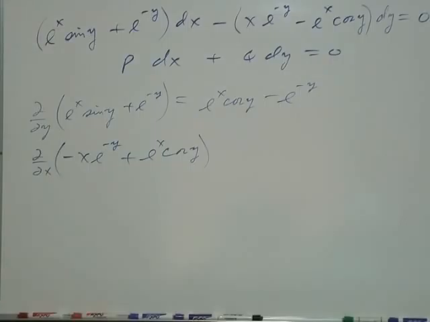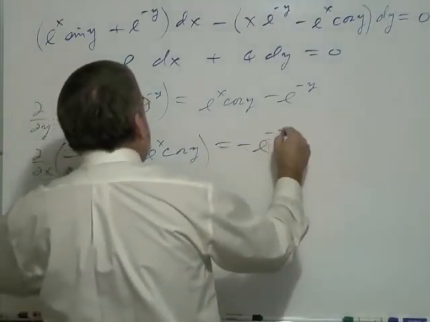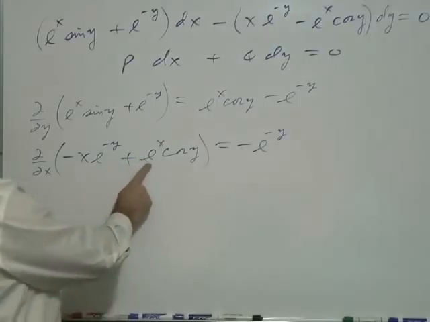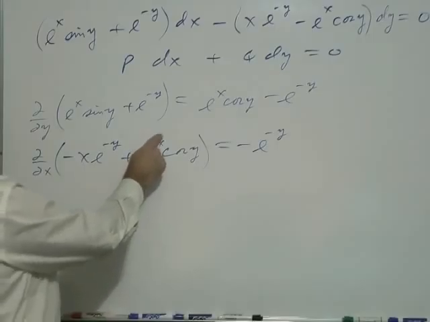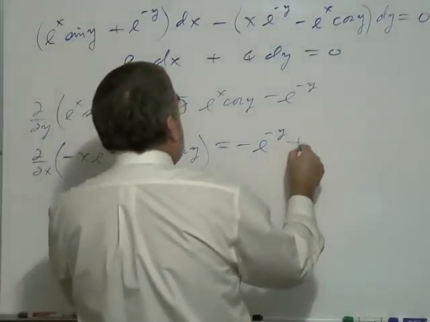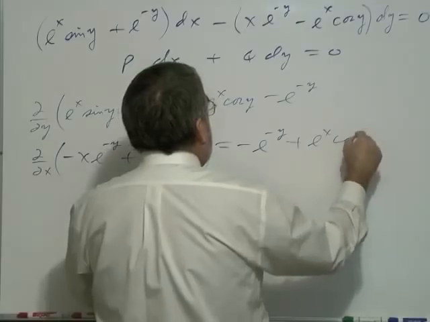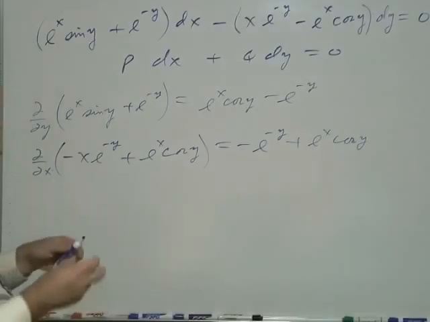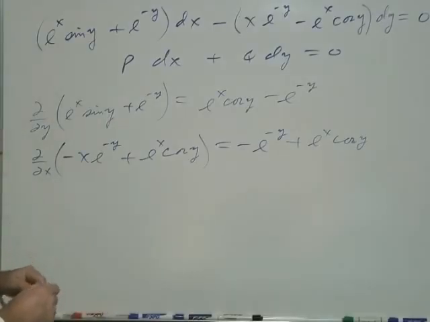Alright, so partial with respect to x, we treat y as a constant, take derivative with respect to x, so I have minus 1 times e to the negative y, so this is equal to minus e to the negative y. And then with respect to x, derivative of e to the x is e to the x, so I have e to the x times our constant cosine y, plus e to the x cosine y. So as you can see, these are both equal. So this is indeed an exact differential equation.